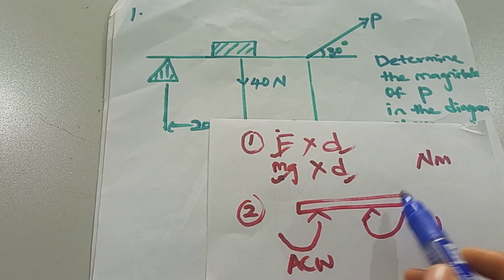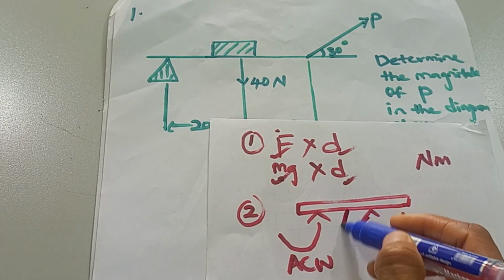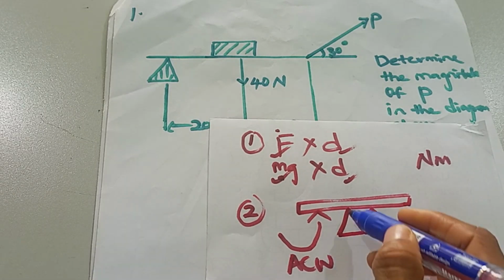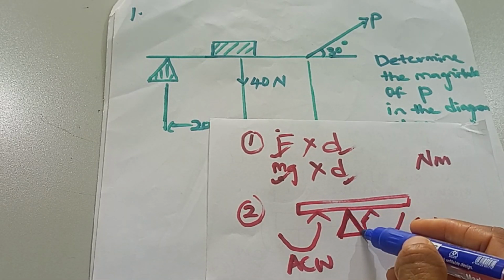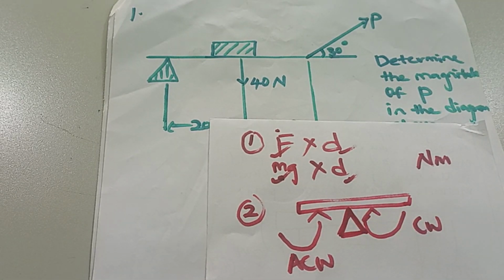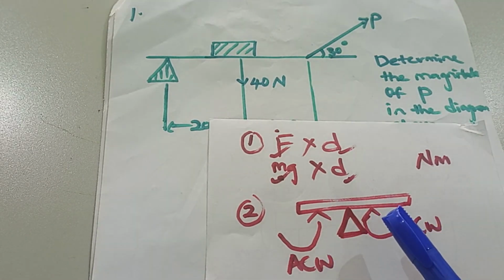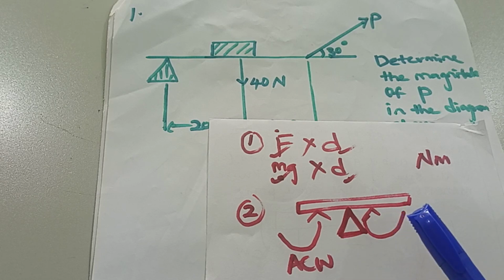For a body in equilibrium, you take moment about the pivot. Moment must be taken about this point. These are the things I want you to know. Clockwise moment is equal to anti-clockwise moment for a body in equilibrium. That is a body that is balanced.